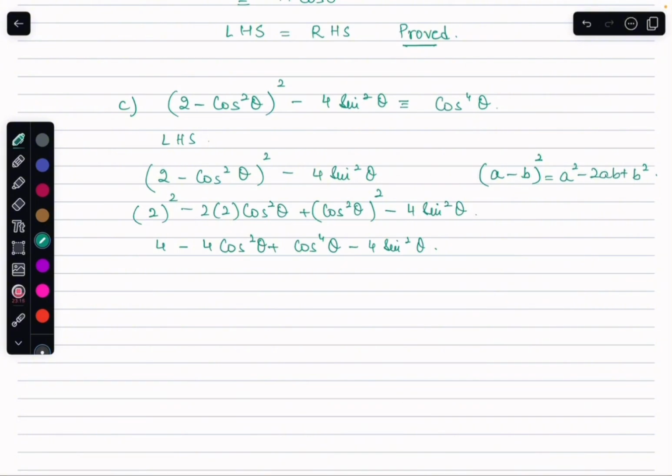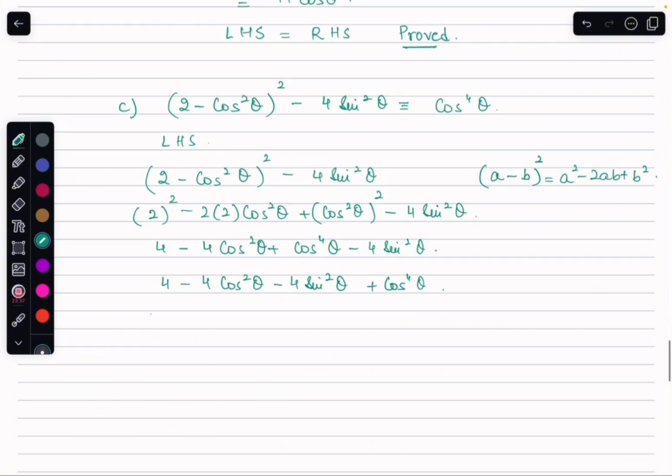So let's see what we can do over here. So it's 4 minus 4 cos square theta, I'm writing minus 4 sine square theta, and then it's a plus cos to the power 4 theta here.